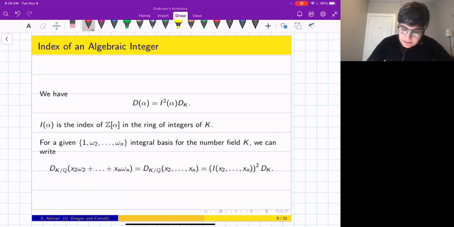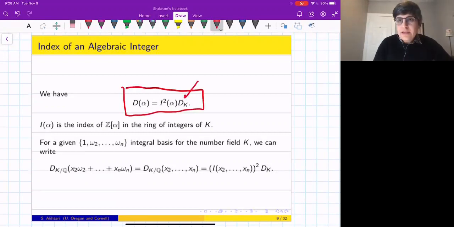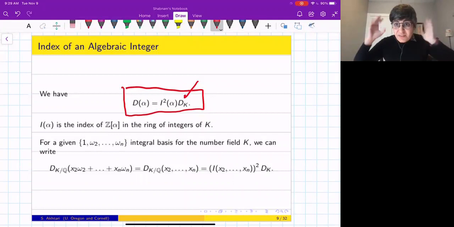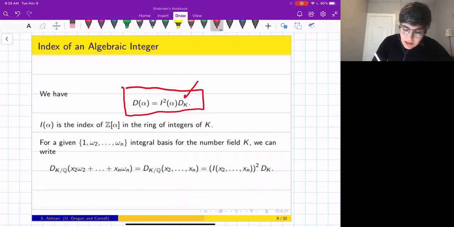So the discriminant of an algebraic integer is always the discriminant of your number field, which is a fixed thing for the number field and doesn't depend on every individual element, times a quantity that we call the index, for good reason, I of alpha squared.